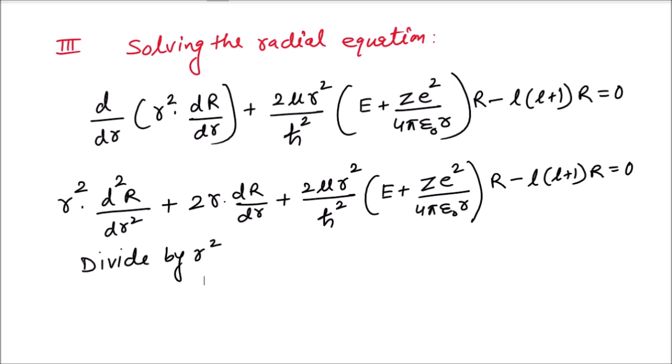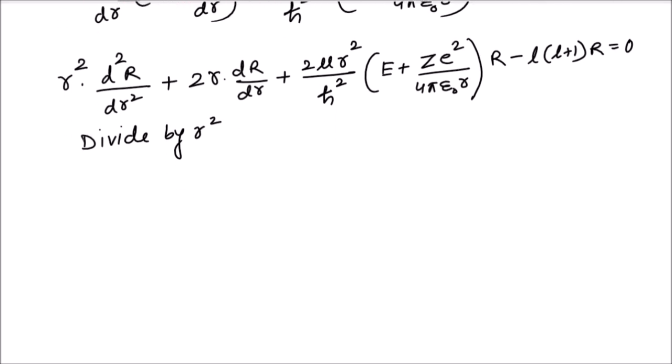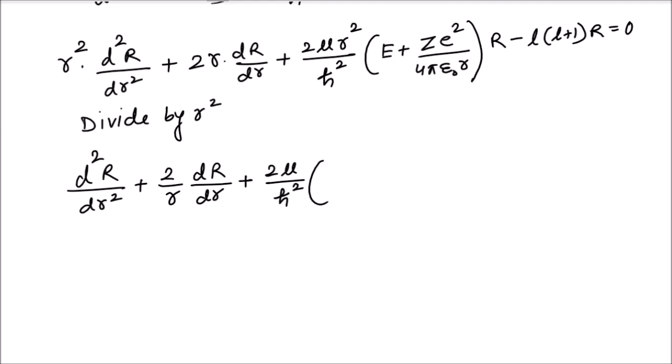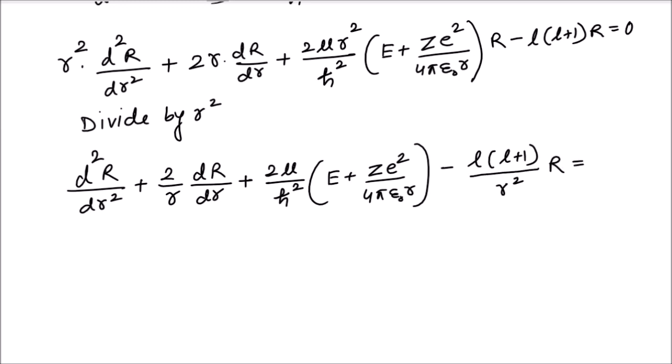So it becomes d square R by dr square plus 2 by r dR by dr plus 2 mu upon h bar square into E plus Z e square upon 4 pi epsilon naught r, minus L into L plus 1 upon r square, into R equal to 0.